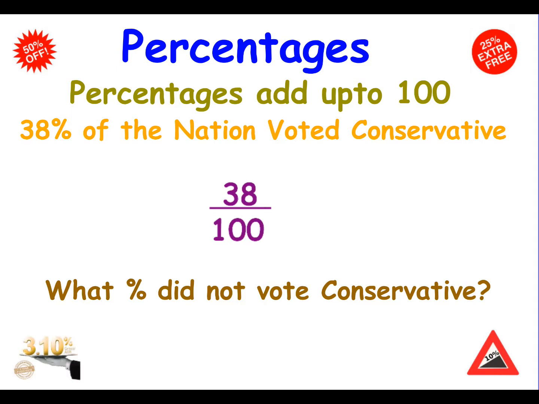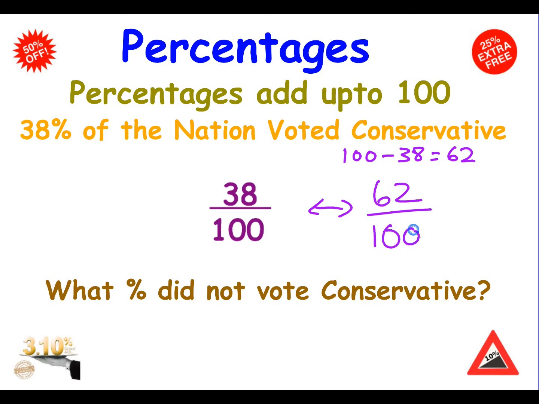And when we were trying to make one of something, then the other percentage it links with is the denominator take away the numerator, which leaves us with 62. So 62 over 100. So when we say 38% of the nation voted Conservative, then we say 62% did not vote Conservative. And this is where it links back to fractions.